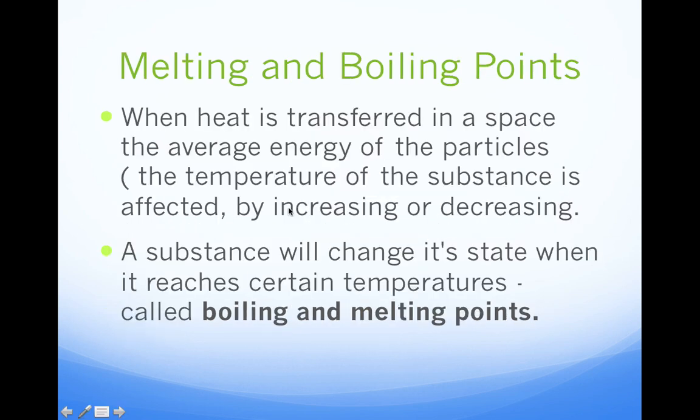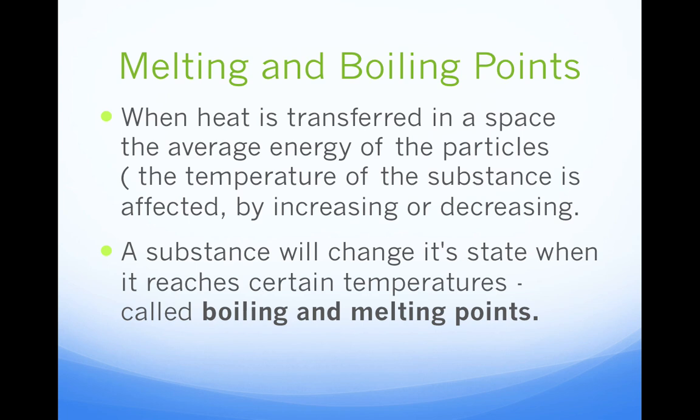Melting and boiling points. So when heat is transferred in a space, the average energy of the particles, which is the temperature of the substance, is affected by increasing or decreasing. The substance will change its state when it reaches certain temperatures, and these are called the boiling and melting points.